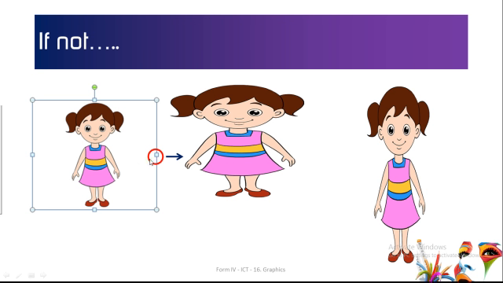If you use the middle resizing points, you will get a fat child, or when you use the down point, you will get the picture as a tall girl. From these two pictures, you can understand this does not maintain the aspect ratio of the picture. This is wrong.